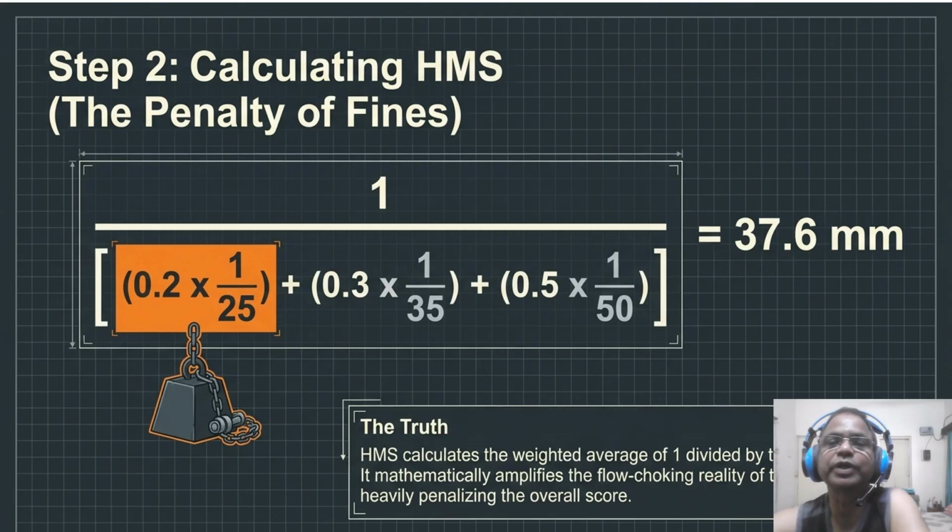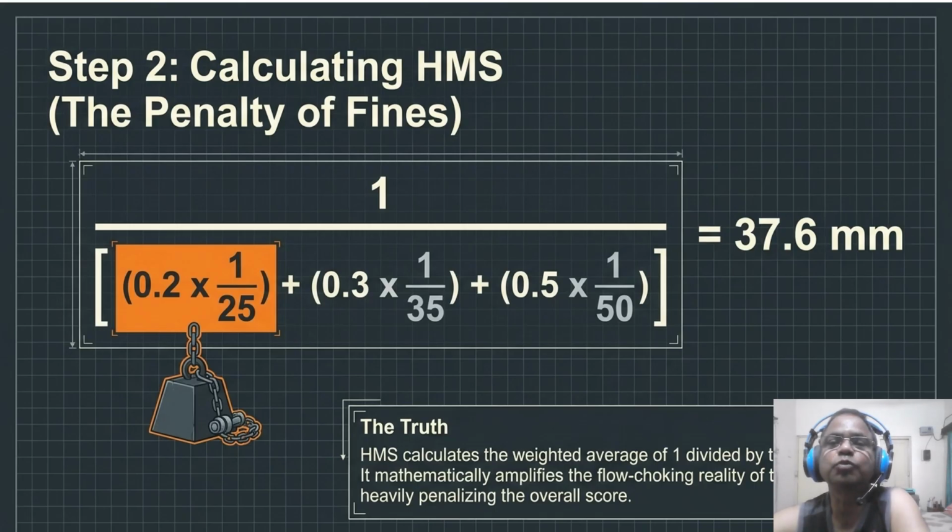It forces you to acknowledge the damage that the smallest particles do to the voids. So HMS is the metric that actually cares about the gas. When we compare these two numbers, we find a gap that explains almost all of our unexplained pressure spikes.